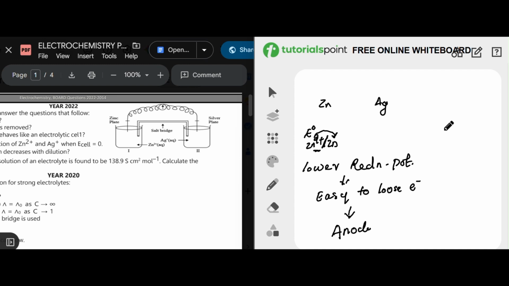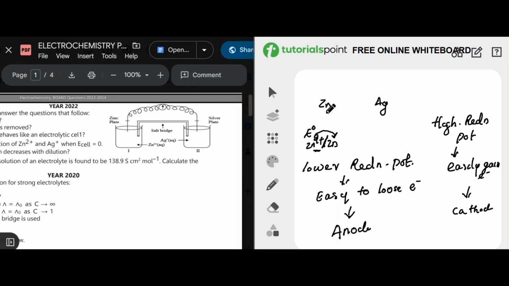An element with higher reduction potential can easily gain electrons, so it will be cathode. But in this question the reduction potential values are not given. Then one more thing you have to remember: stronger metals will have lower reduction potential.